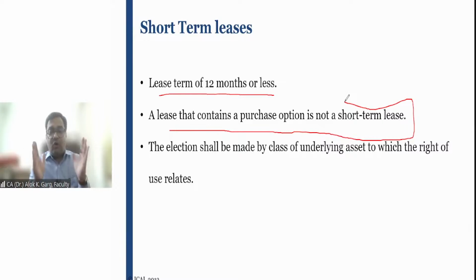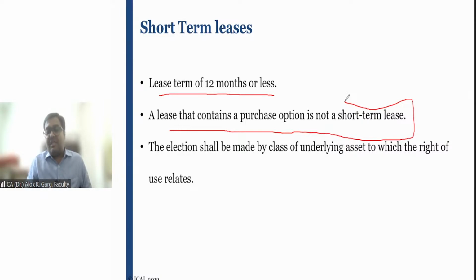It means although it is a short-term lease of 12 months only, if the purchase option is available, the asset will remain with the lessee for a longer period of time. In that case, for a lease which contains a purchase option, this exemption is not available.